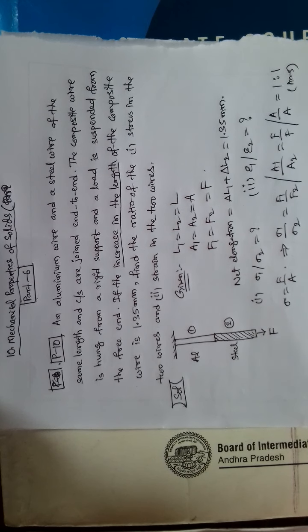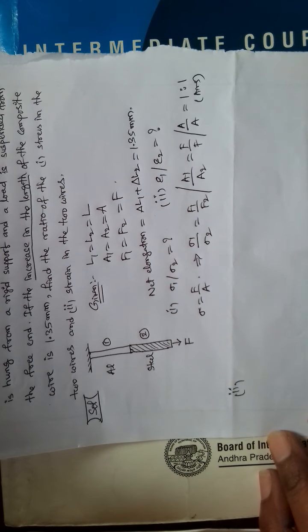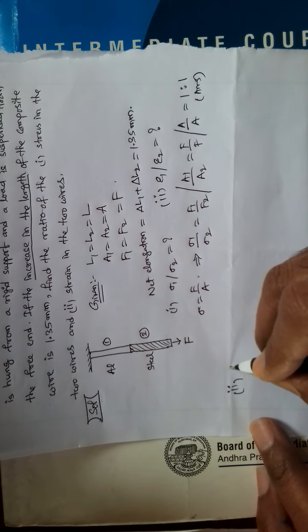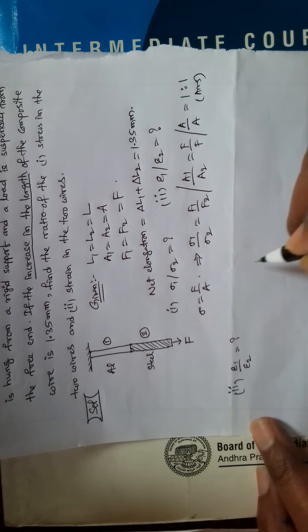Now the second one. Ratio of strain in the two wires, that is epsilon 1 by epsilon 2, is equal to how much?